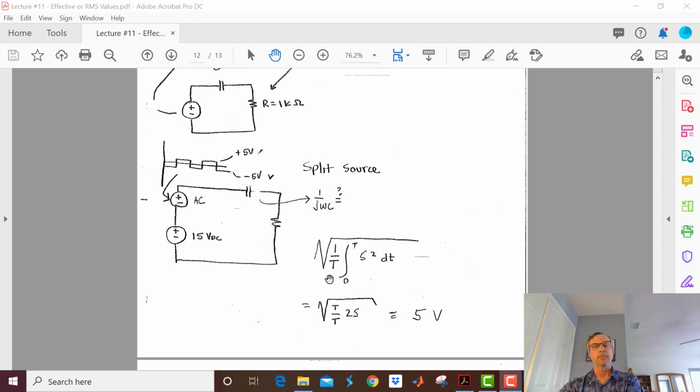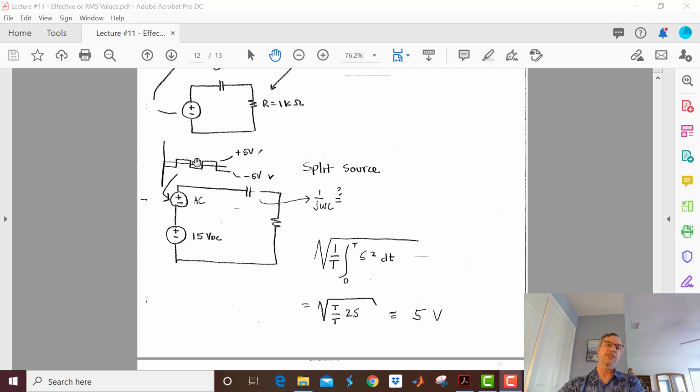Let's use our formula. Root of the mean square. And I know that over here it's minus 5, here it's plus 5. So I can square that, and it means I'm always going to have 25, right? Because negative 5 squared is 25, and 5 squared is 25. So here's my integral, 0 to t of 5 squared, and I get an effective value right here of 5 volts.